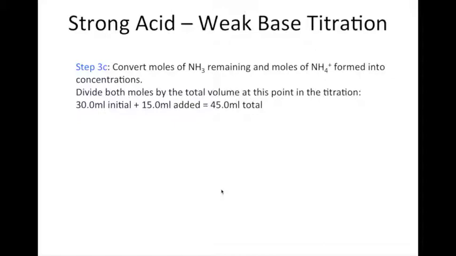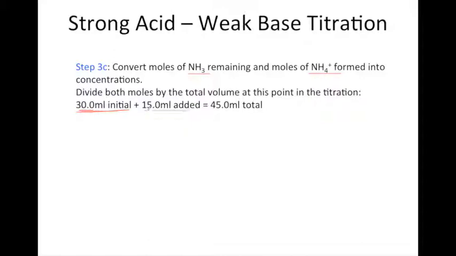Now, to use the Henderson-Hasselbalch equation, we want to convert these into concentrations. So in order to convert our moles of ammonia and ammonium into concentrations, we have to divide moles by the liters. So let's figure out the total volume at this point. Remember, we started out, our flask of ammonia was 30 mL. That was given in our problem.